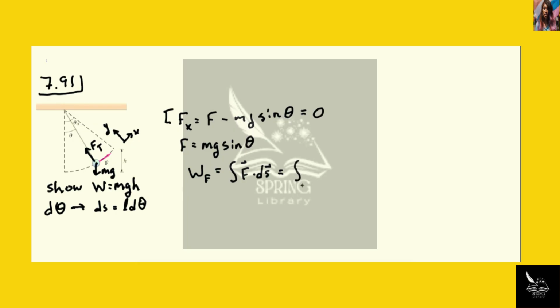So we can integrate this from 0 to theta naught, the angle to which this is moved that corresponds to increasing the height by h. So we have F times the cosine of 0, because F is in the same direction as ds, times L d theta.